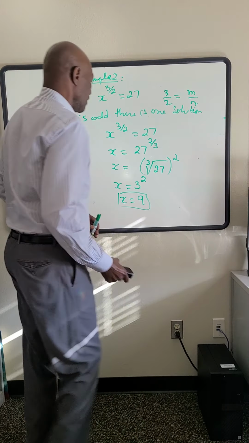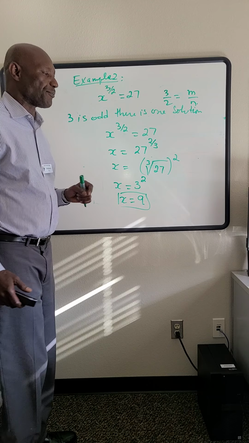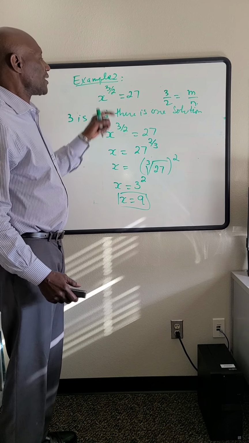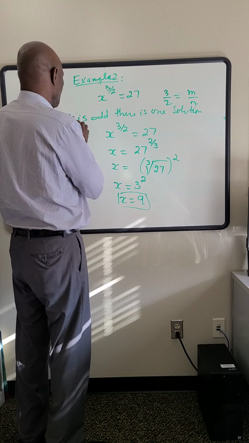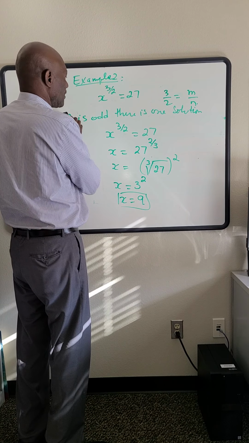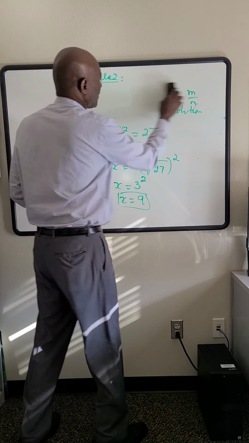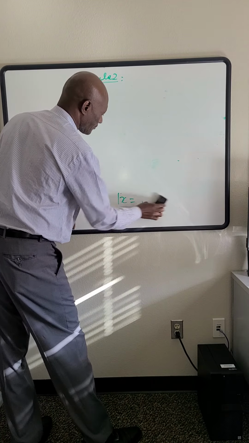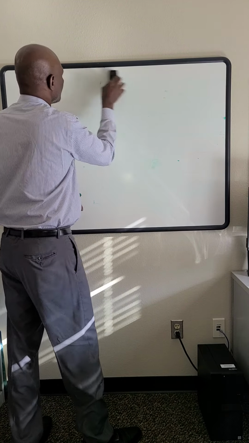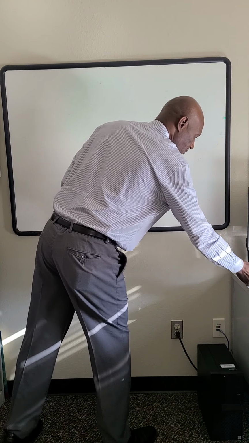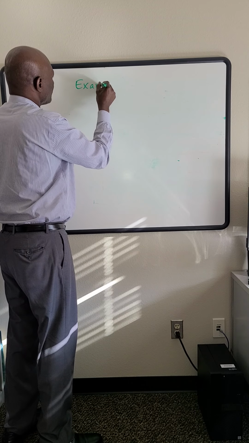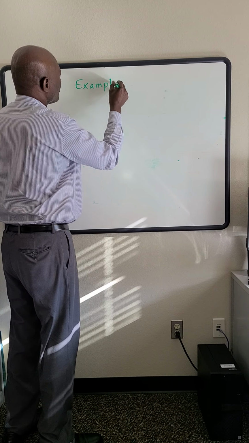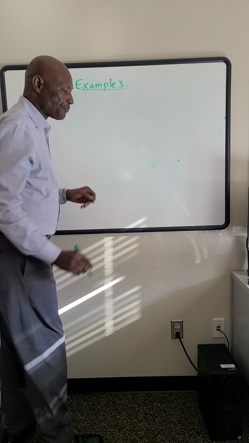Okay, so now we're going to see another example where the numerator will be even. So in that case, there must be 2 solutions. So let me just erase this. So example 3.